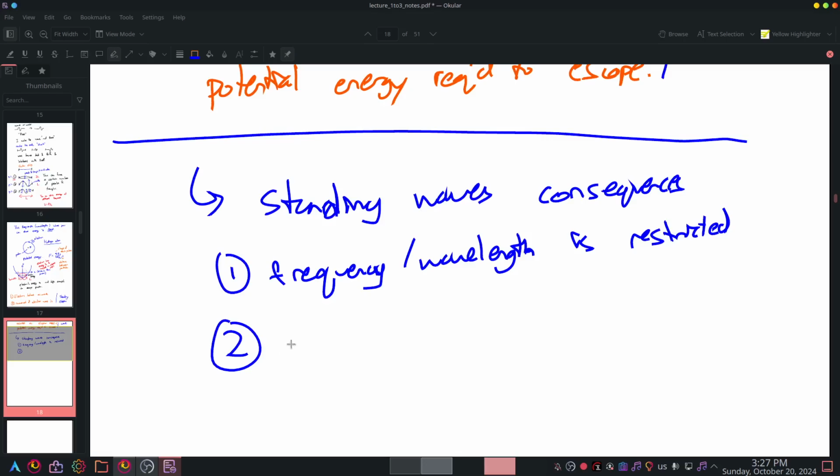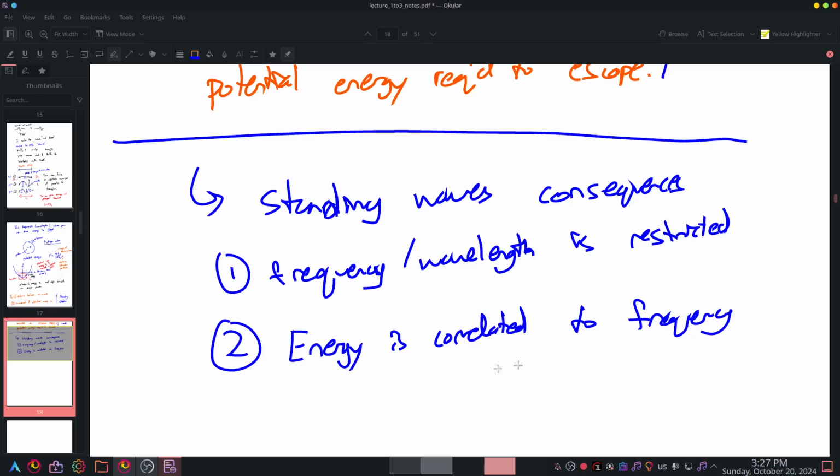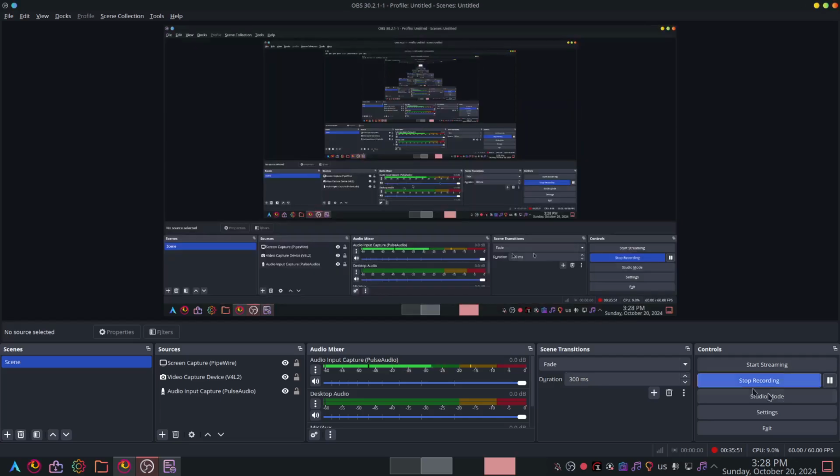Energy is directly correlated to frequency, or more specifically, to frequency. So therefore, energy levels are restricted.